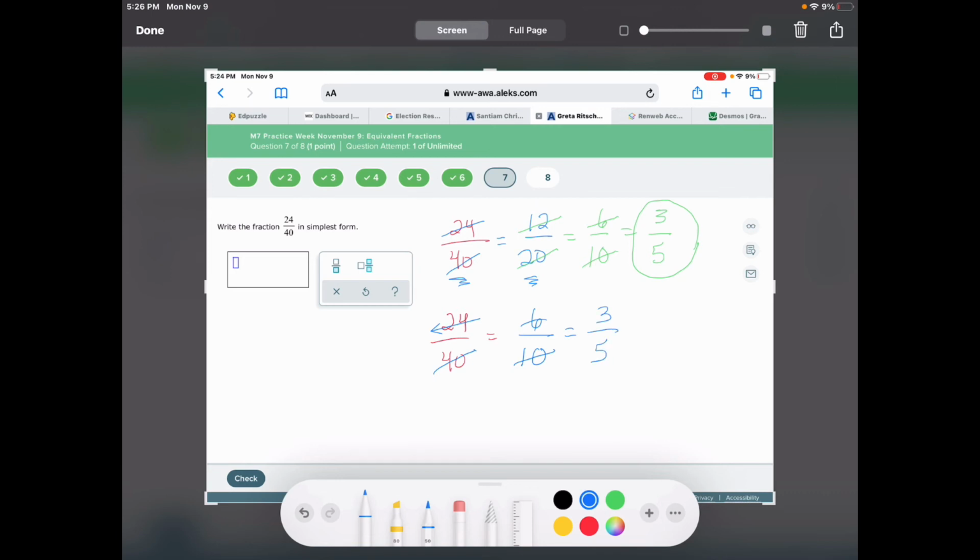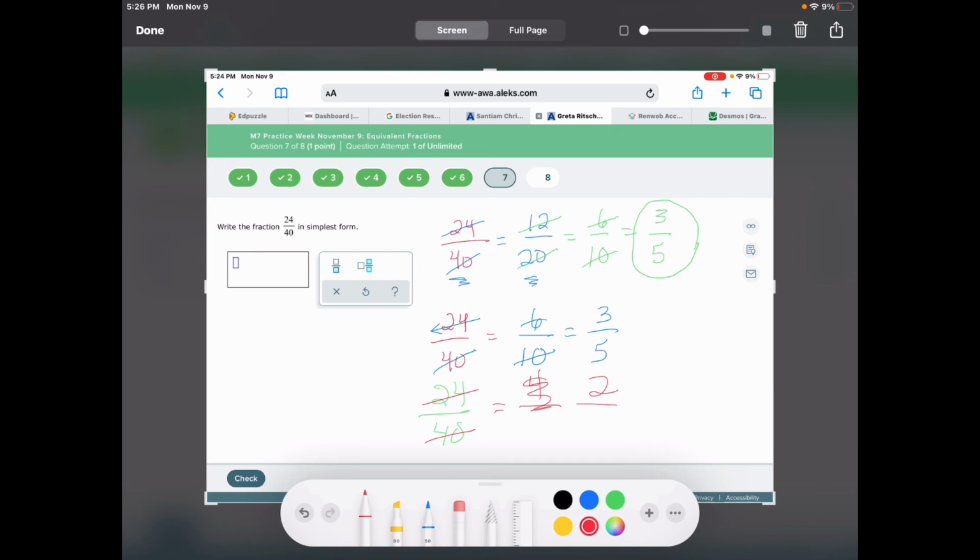All right, was there still a better way I could have done that? I could have said, 24 is divisible by 6, and that gives me a 4. And no, that's not the number I was looking for. I think I was looking for 12. 24 is divisible by 12. 12 goes in there twice, and 12 goes into 40.